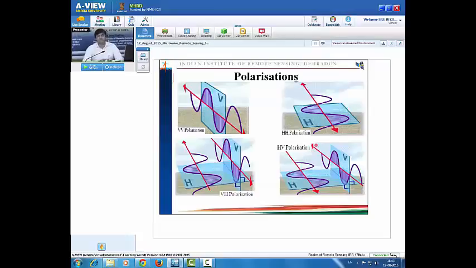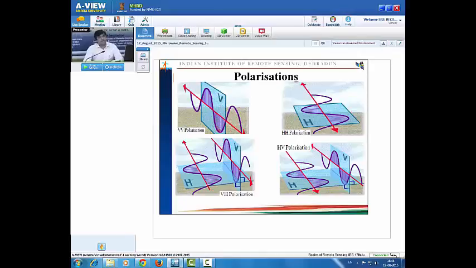Now in this slide, if you see, the first one is representing the vertical vibration or vertical transmit of the electromagnetic signal, vertical according to the propagation axis. This red line is showing the direction of propagation of the electromagnetic wave, and if the transmitted electromagnetic pulse is vertically polarized, then this is known as vertical polarization.